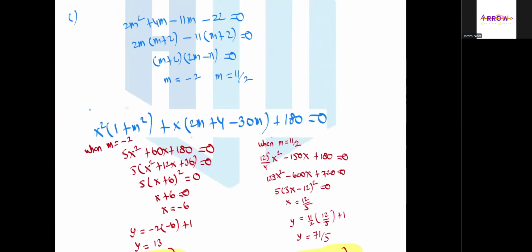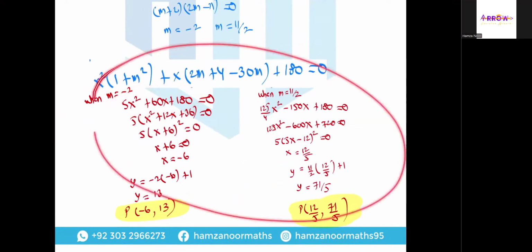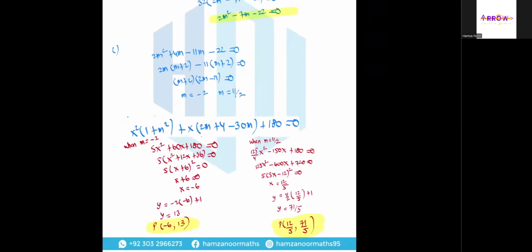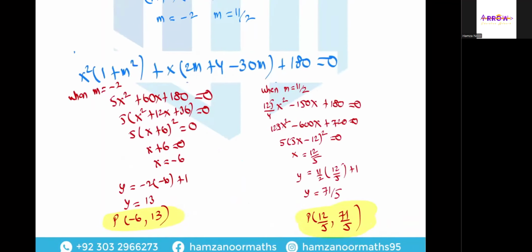So basically when m is equal to minus 2, the general form of the quadratic equation, I'm going to substitute m is equal to minus 2 over here. So I obtained this equation: 5x square plus 60x plus 180 is equal to 0. All of these steps are more than enough to give you full marks. So taking 5 as common, multiplied by x squared plus 12x plus 36 is equal to 0.